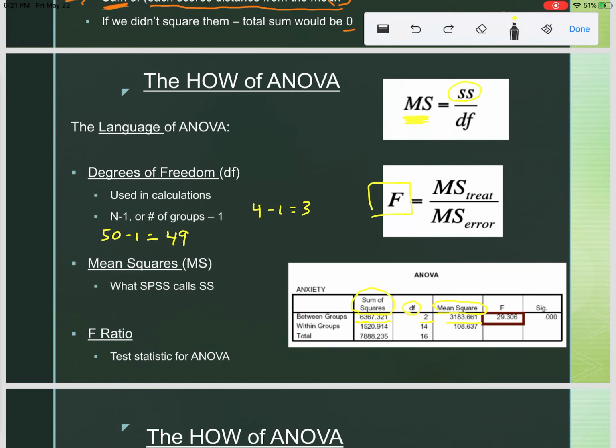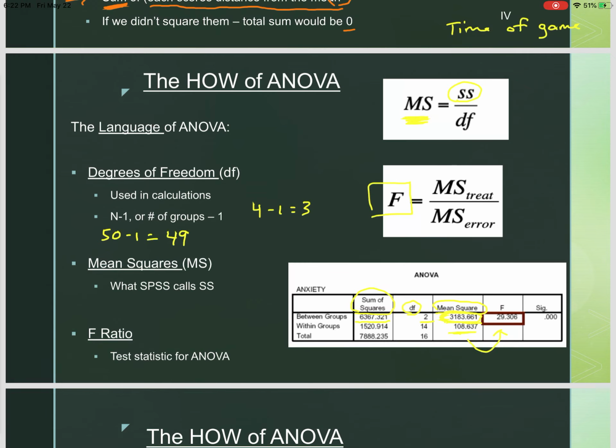I know it's confusing because it's ANOVA, it doesn't begin with an F, but over time you'll get it. So a certain mean square value divided by another mean square value. In this case, we divided this first mean square by the second one. It gives us the F ratio, which is our F statistic.